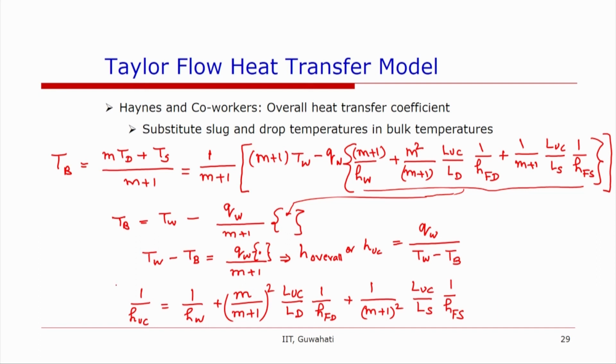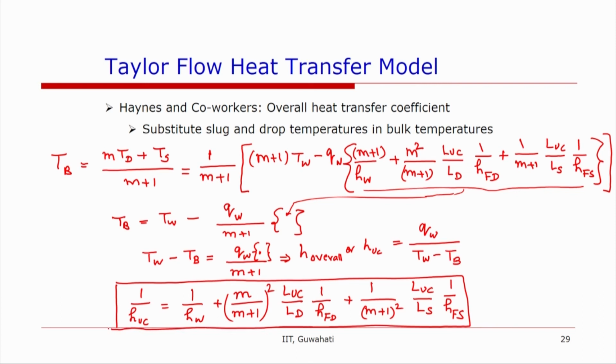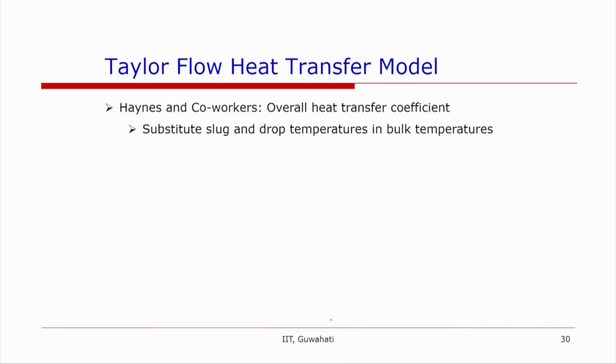So, this is a relationship between the overall heat transfer coefficient, the heat transfer coefficient at the wall, and m, which is the ratio of the thermal mass of the two phases, slug length, entire unit cell length, and the heat transfer coefficient for the FD and H_FS.